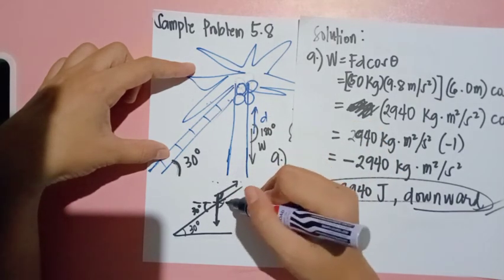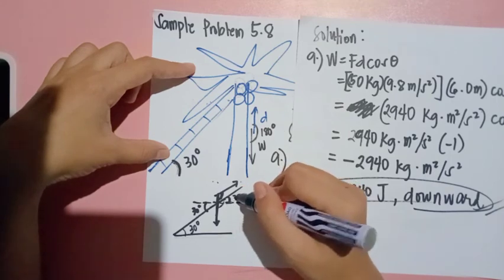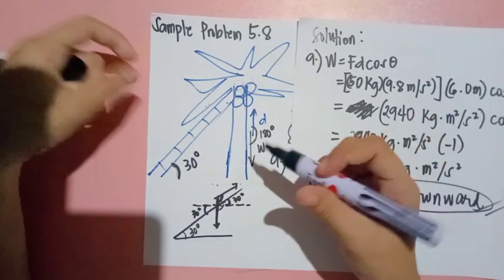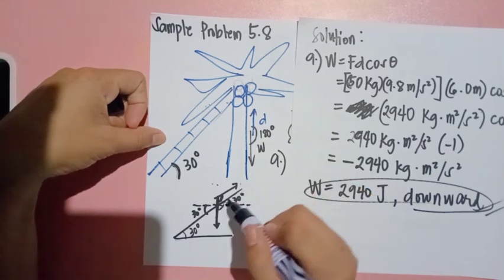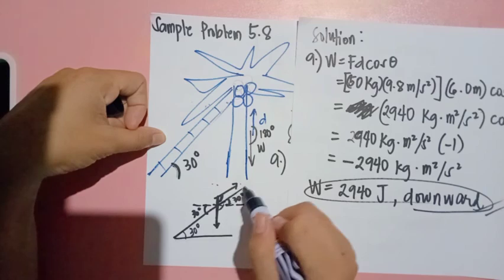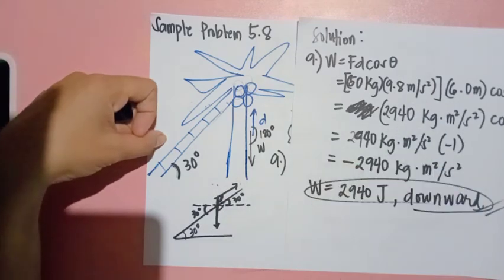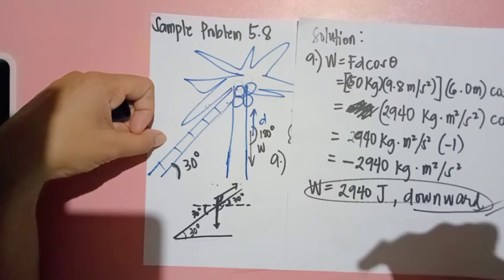If we extend this line, we can also get 30 degrees here. We can take this extending line as the line of the displacement, because they are parallel, so we get the same angle.